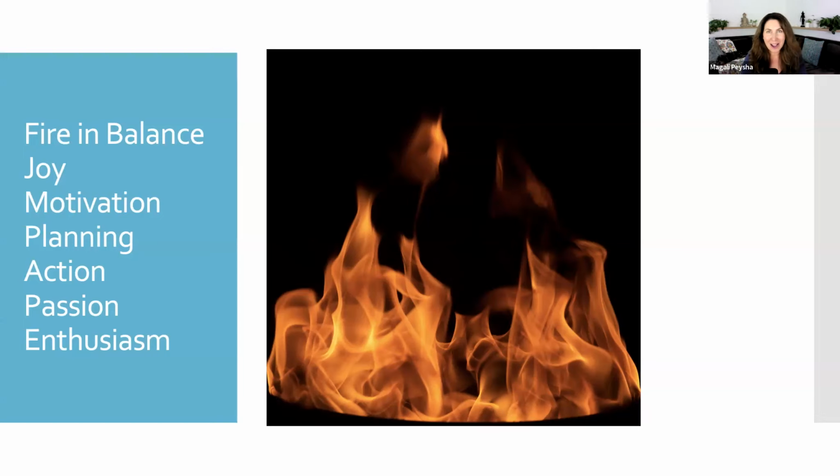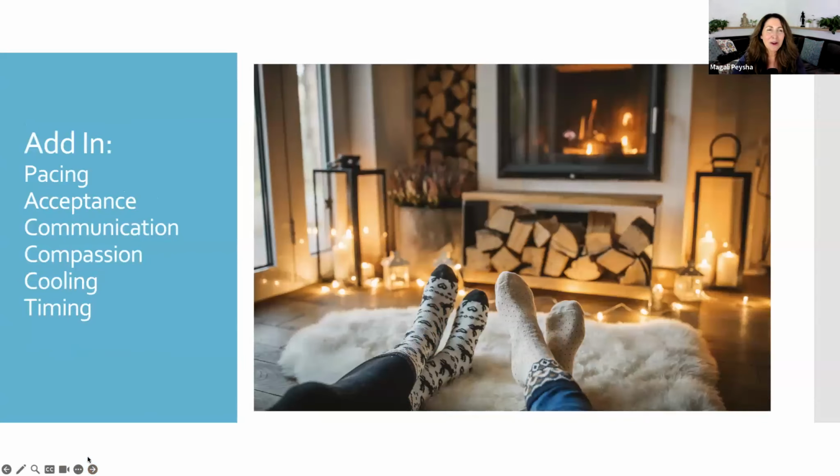And of course, burnout. What a perfect description for what's going on. The fire has burned too long, too high, too hot, and it has burned out. So we want to add in acceptance, healthy communication. We want to add in compassion and cooling down.